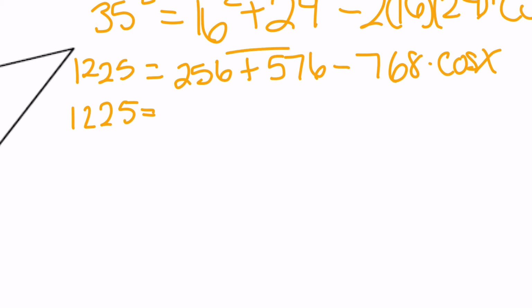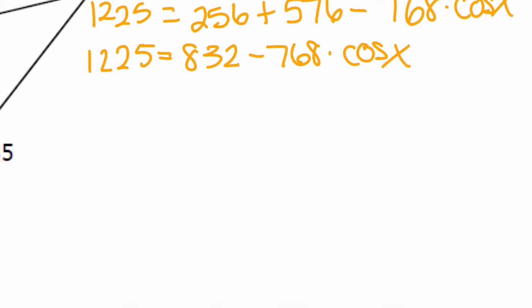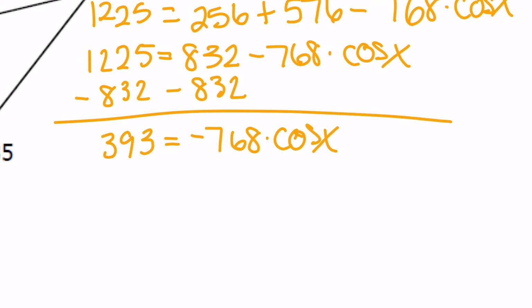I'm going to add 256 plus 576 to give me 832. Minus 768 times the cosine of x. Then I need to subtract that. So I'm left with 393 equals negative 768 times the cosine of x.